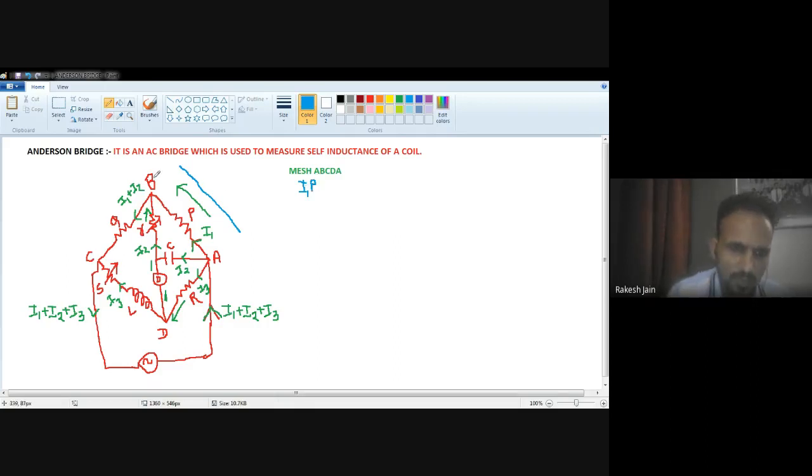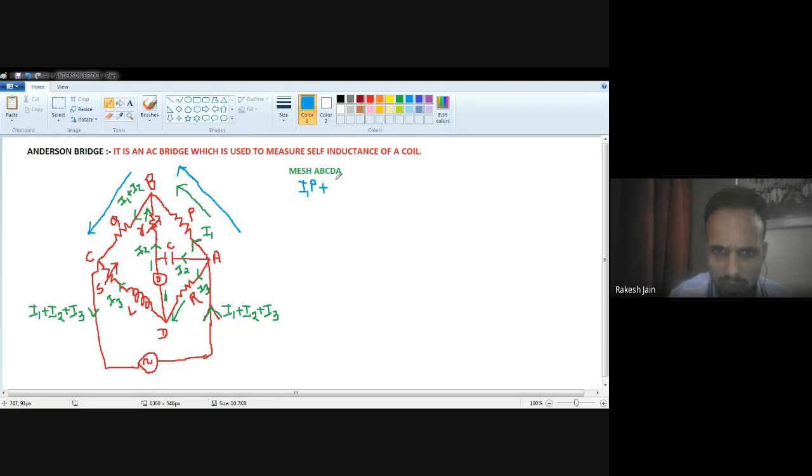Then A to B, B to C. So I am going here. Now see, for B to C, my current is I1 plus I2 and the resistance is Q, and the direction is the same in which I am going. So I1 P plus (I1 plus I2) into Q. So I can write them separately.